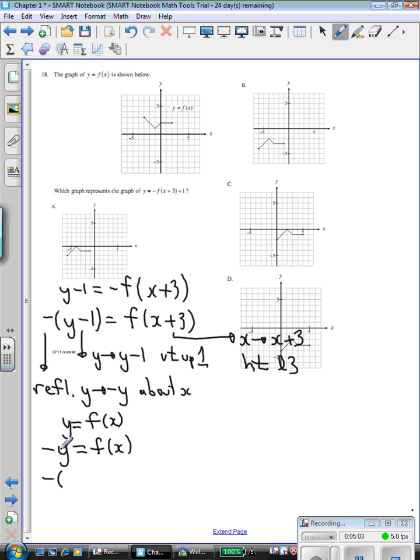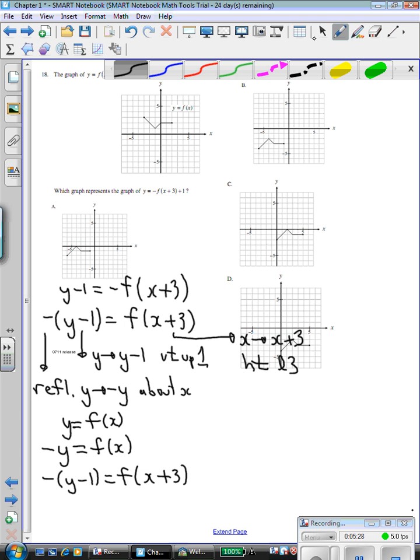I'm going to replace y with y minus 1. That's my vertical translation of 1. And I'm going to replace x with x plus 3. That's my horizontal translation of 3. There's our function, and there's the function we want. They're the same. These must be the right transformations.